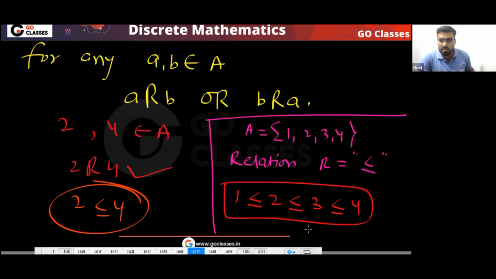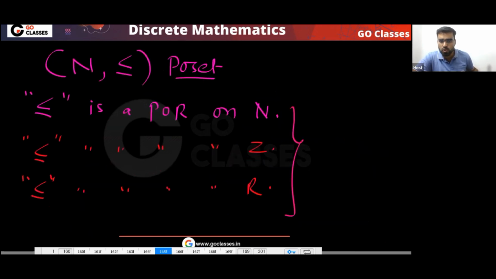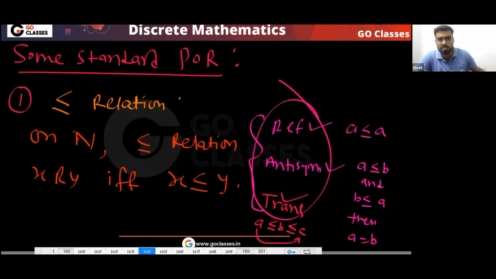This is called ordering of the elements of A, and this is called a partial order relation. Is this clear? Remember, for a partial order relation, all you have to do is just check these three properties.